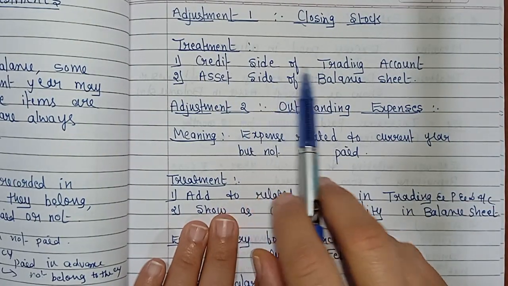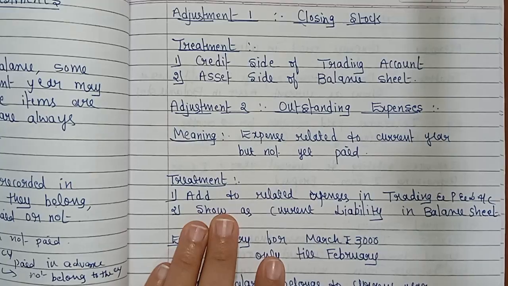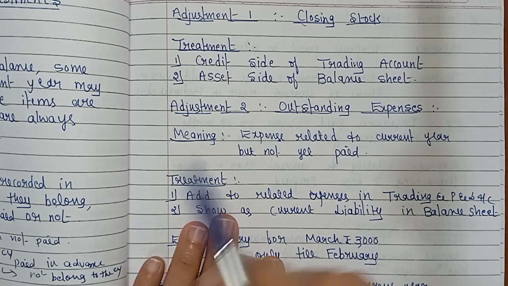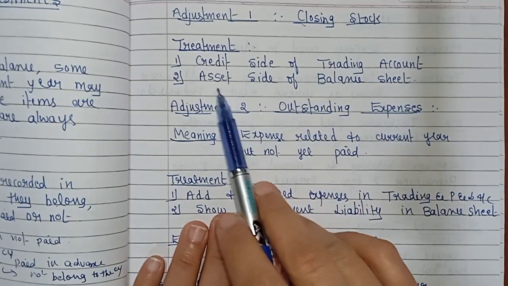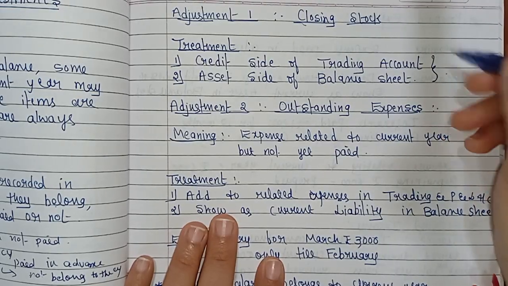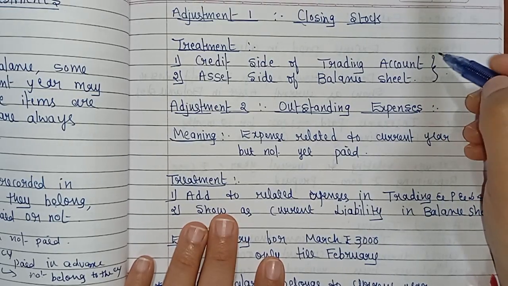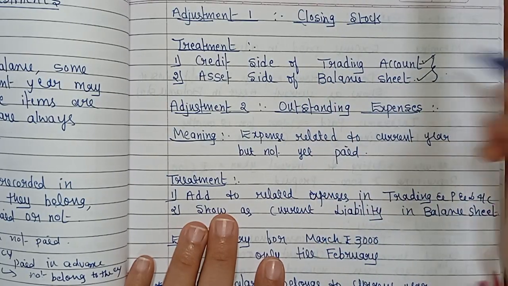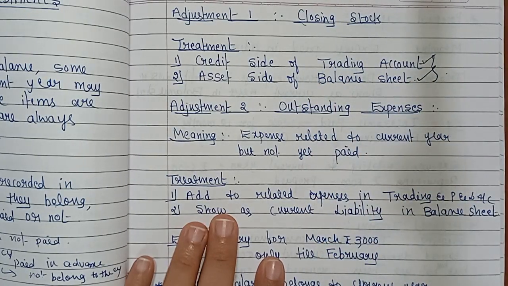First one, credit side of trading account, right? And asset side of the balance sheet under current assets. Clear? Credit side of trading account and asset side of the balance sheet. See, every adjustment affects 2 places. So for closing stock, first we need to enter on the credit side of the trading account and asset side of the balance sheet. Clear?